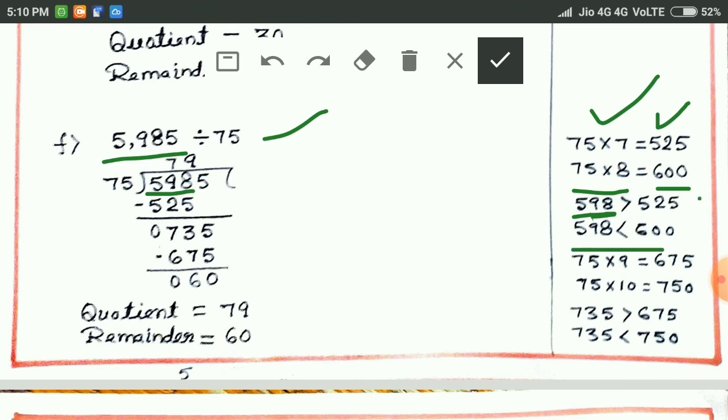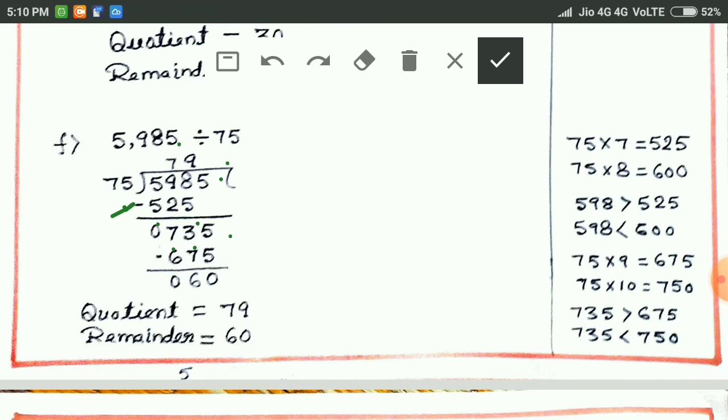So we take 7 and we write here 7. 75 7s are 525 and after subtracting we get 73, and we write 5 here. Then 75 9s are 675. We get quotient and remainder.